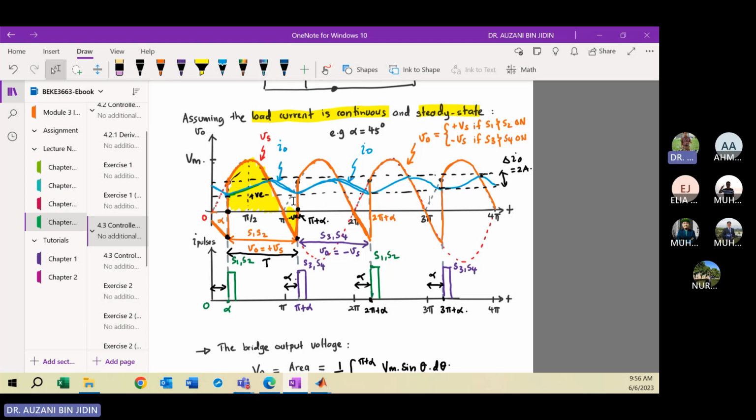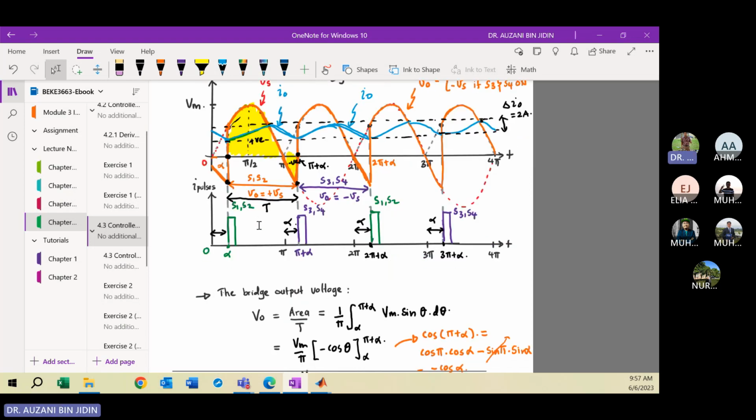So remember to write the expression of the output IO. You can write it in Fourier series. This one you have learned in the power electronics subject last year, where your IO is the summation of the average component plus the harmonic component, right? You need to sum starting from the first harmonic to infinity.